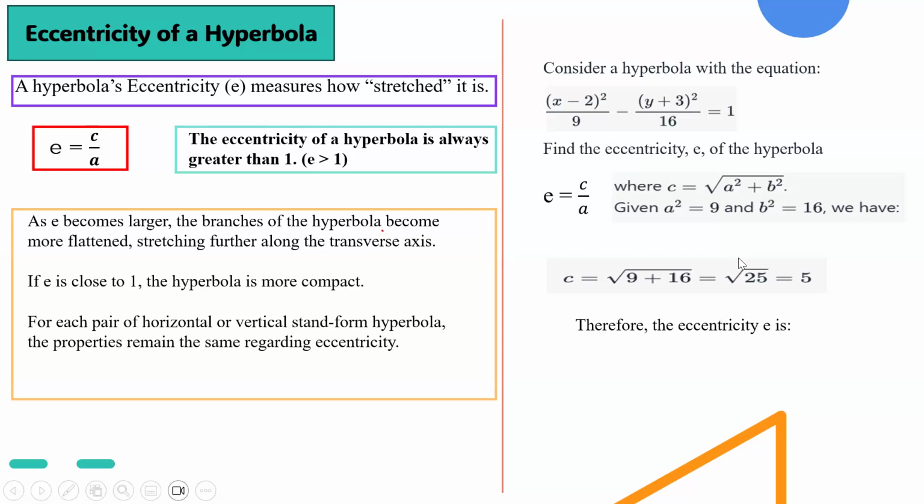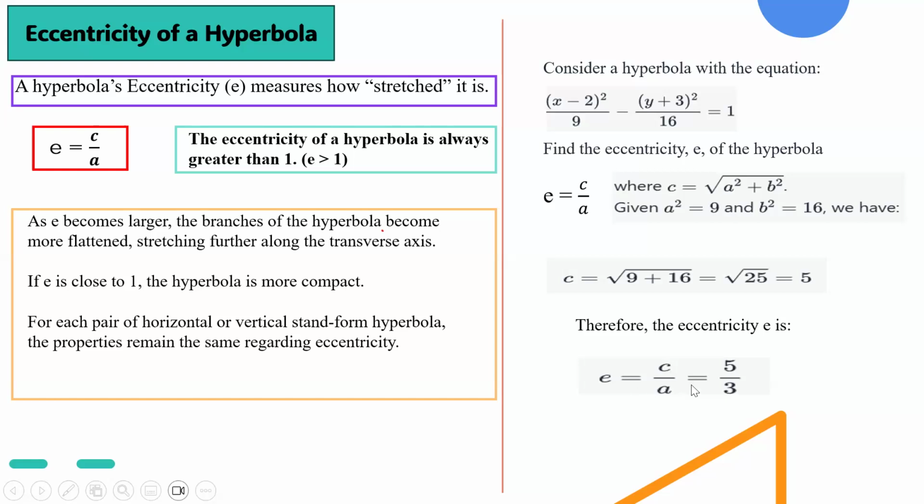Now, when we substitute this into the formula, it's going to be 9 plus 16, which will give us 25. We will square root that 25, which will give us 5. Now, the eccentricity of that hyperbola will be c, which is 5, over a.